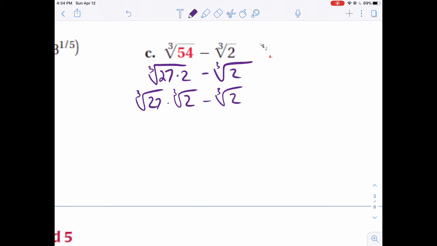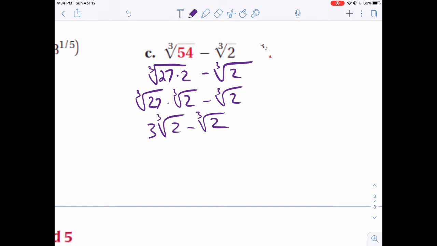Now I've got this cube root of 2 thing going, which sounds like they're going to be like terms. But what is the cube root of 27? Well, we've had that plenty of times. We haven't had to practice these on a daily basis to get good at them, but hopefully most of you recall that that's a 3. And it's just going to be 3 times the cube root of 2 minus the cube root of 2.